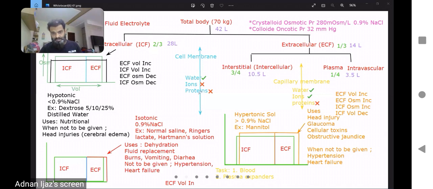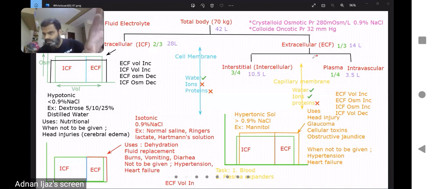Now what will happen? Across this cell membrane, a lot of things will shift, because this solution which we gave in this space as a whole is hypertonic and it will hold the water. And now the osmotic pressure of this red area is more than that which is in the cells.